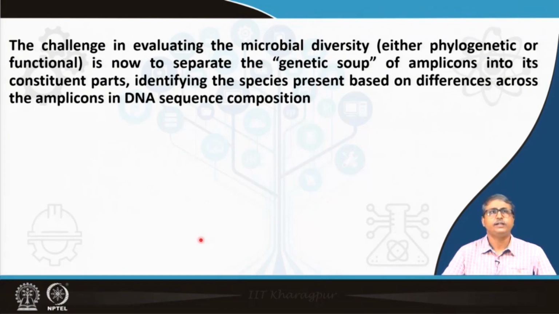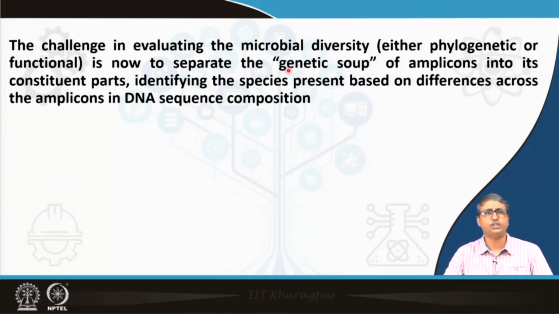Now, the challenge in evaluating the microbial diversity, either phylogenetic or functional, is to separate the genetic soup of amplicons. Since we have, for example, amplified the amoA gene from the genetic soup, the amoA gene is not a single copy gene.